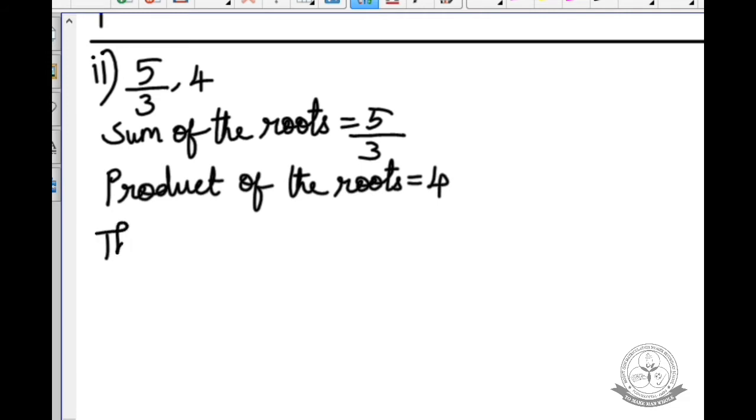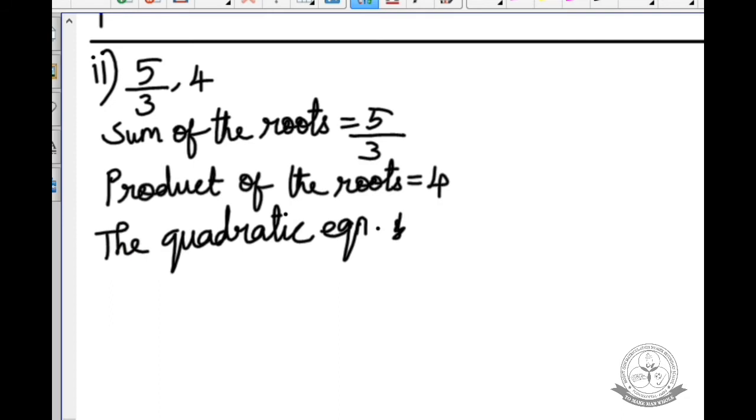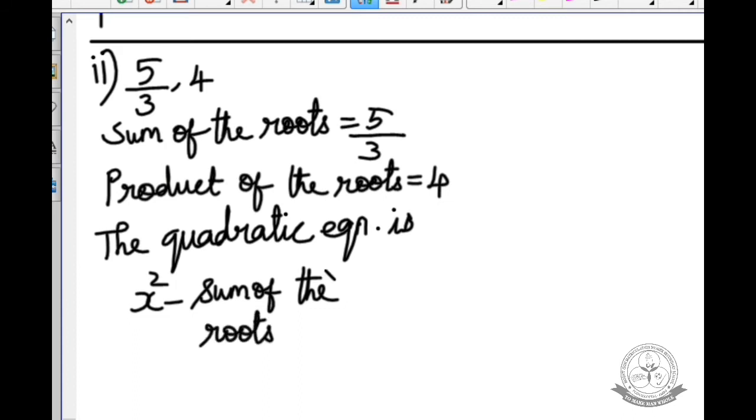For the quadratic equation, write the formula and substitute the values. The quadratic equation is x squared minus sum of the roots into x plus product of the roots equal to 0.